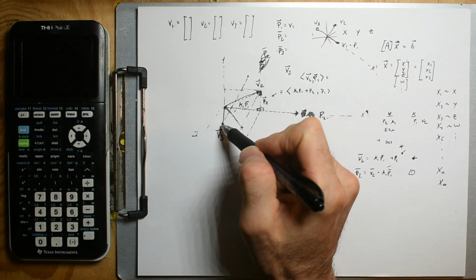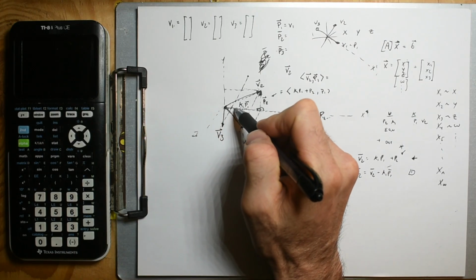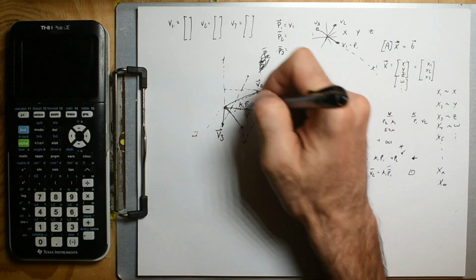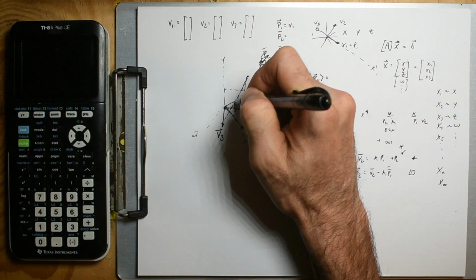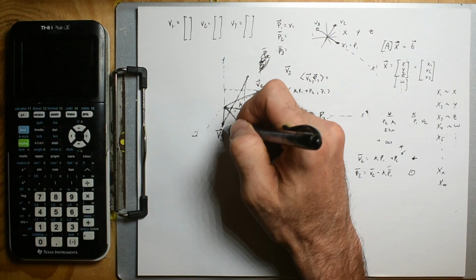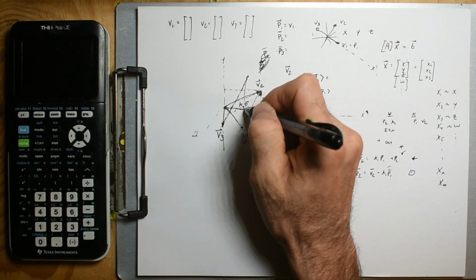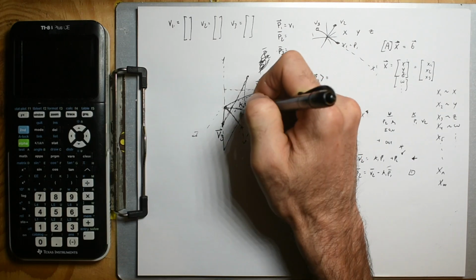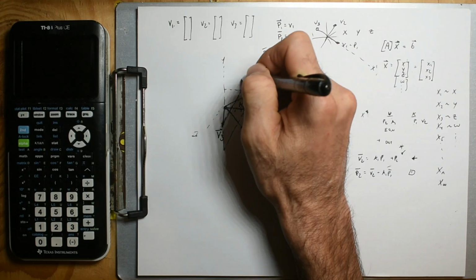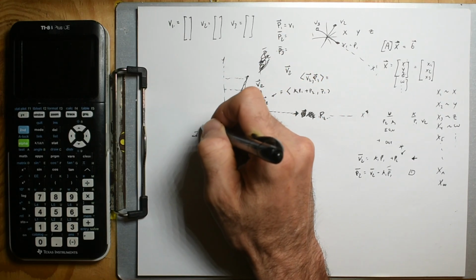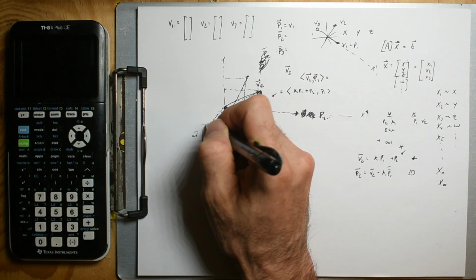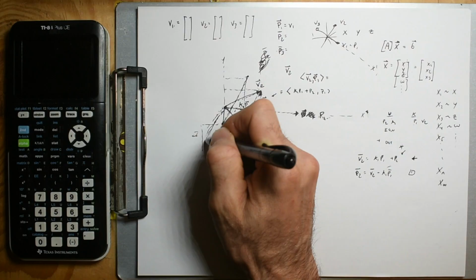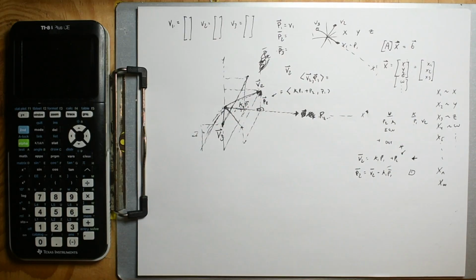So to get to V3, I'm going to go over in the x direction, up in the y direction, and then over in this direction to get to there. So to box this in, I'm going to be doing this. And now my picture totally sucks.